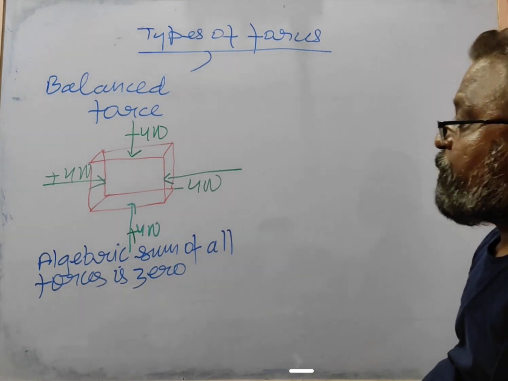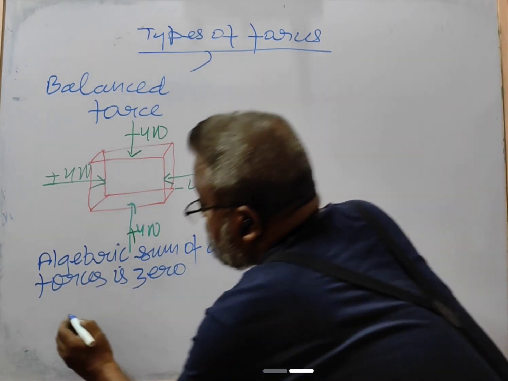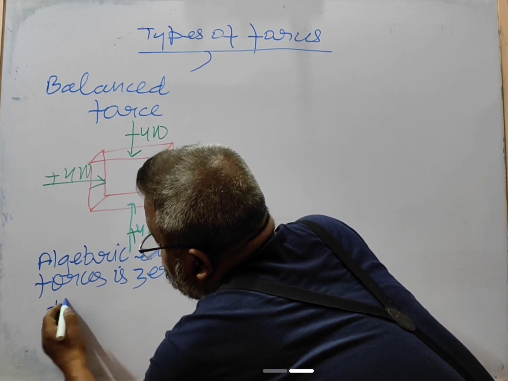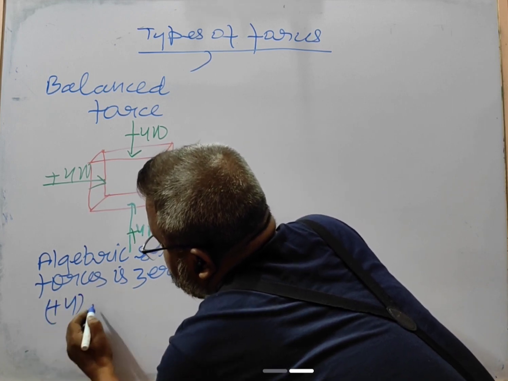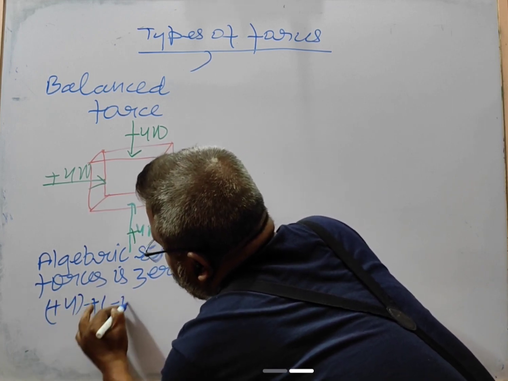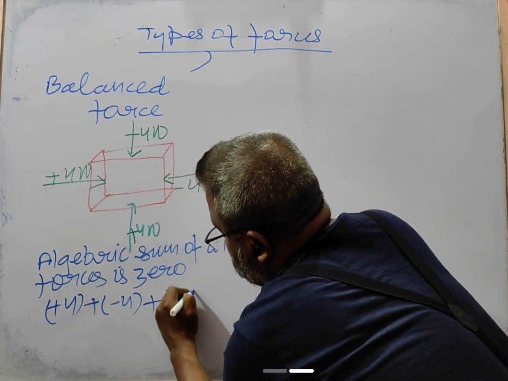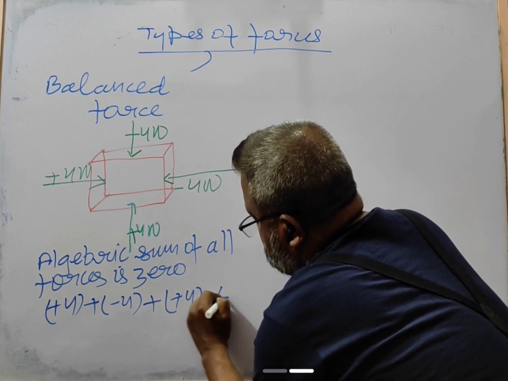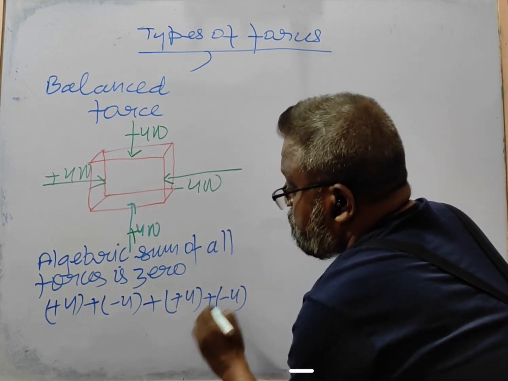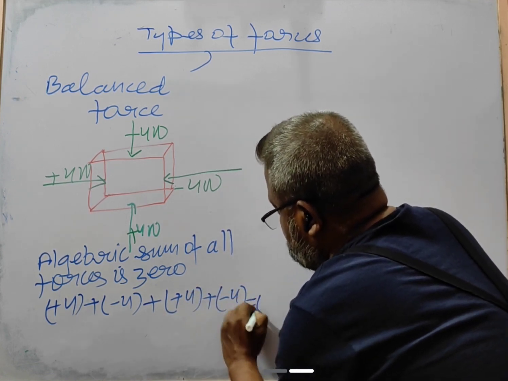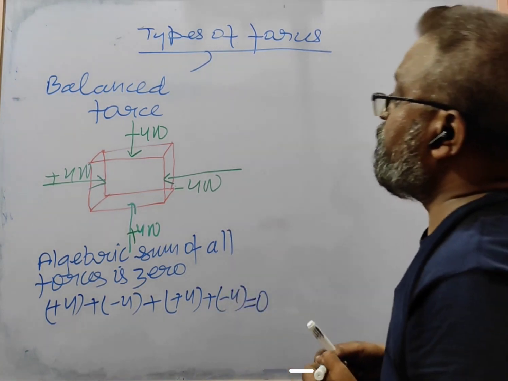Algebraic sum of all forces is 0, means plus 4 plus minus 4 plus 4 plus minus 4, that is equal to 0. That is balanced force, right?